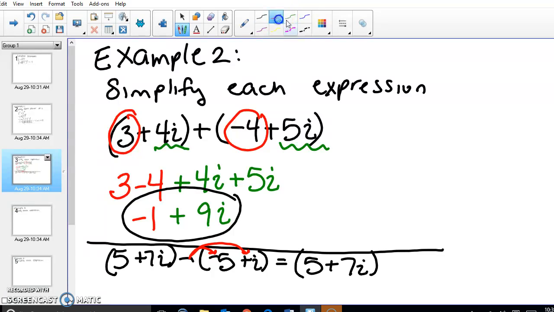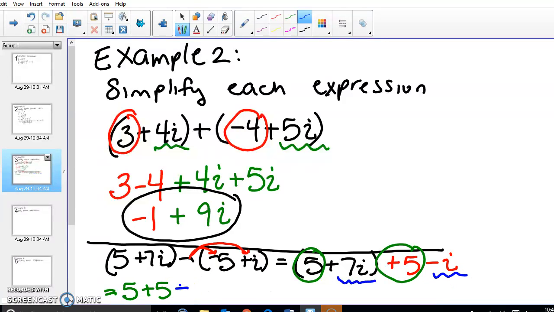And then when we distribute, we're going to have negative times -5, so that's positive 5, and then negative times i is going to be -i. Combining our like terms, combine our numbers. So we have 5 plus 5. And then looking at our i's, we have 7i minus i. So 5 plus 5 is 10. 7i minus i is positive 6i.